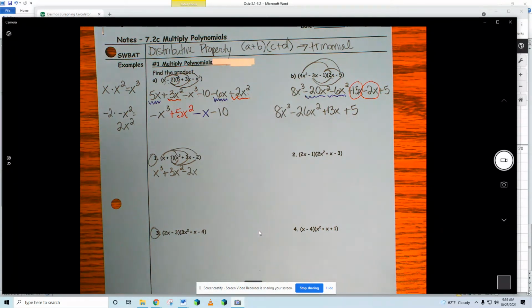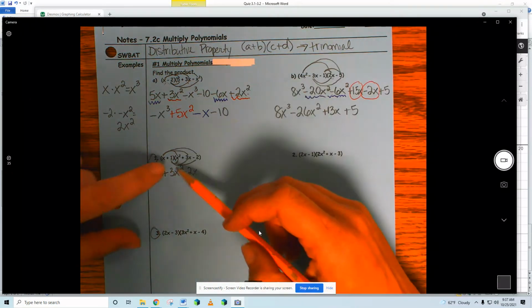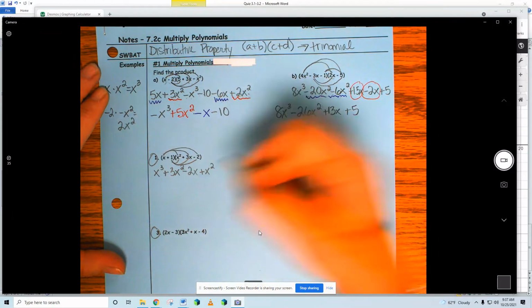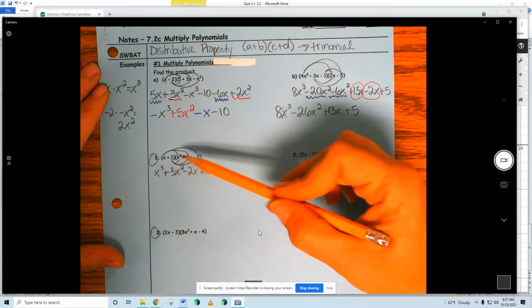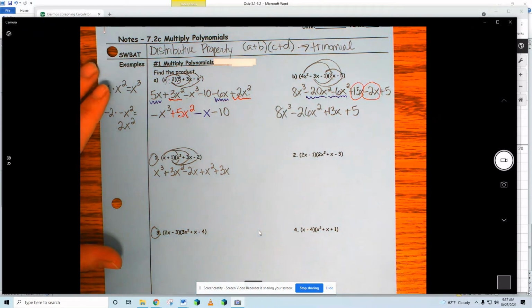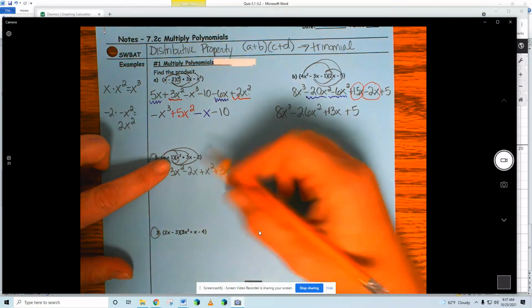And then I'm going to do my lower, which is 1 times everything. How easy is this going to be? 1 times x squared. Just x squared. 1 times 3x. 3x. 1 times negative 2. Negative 2.